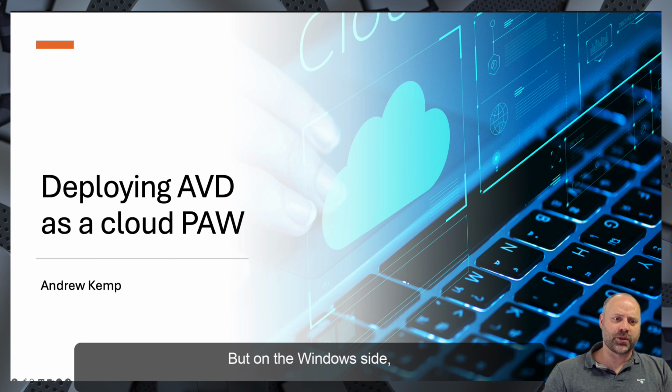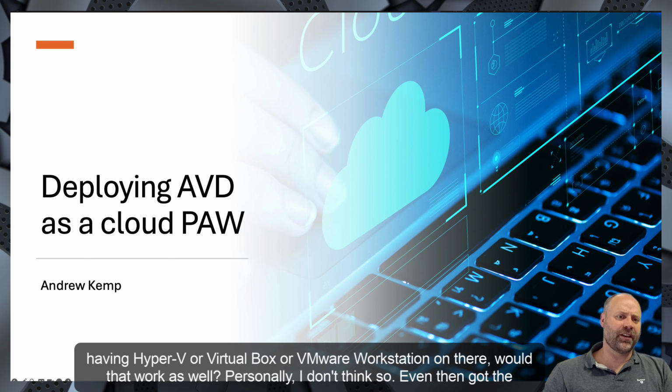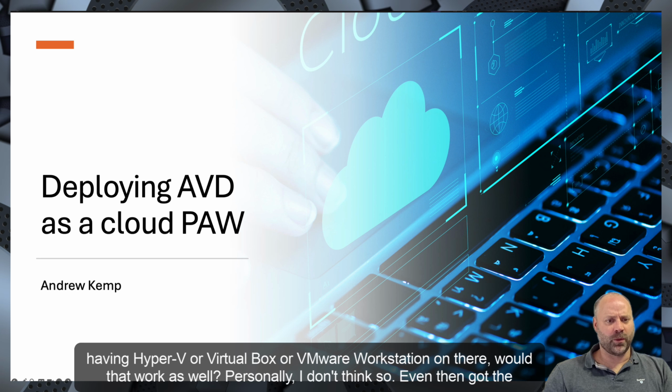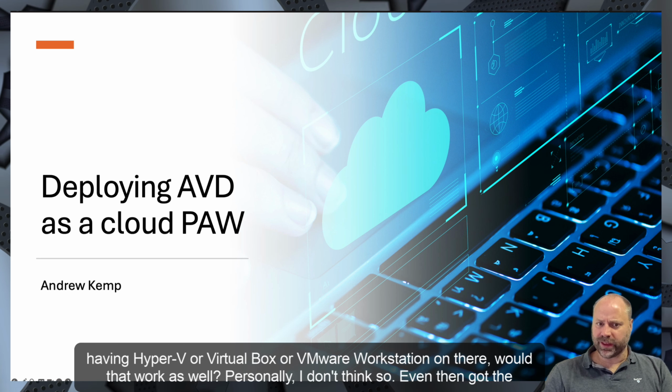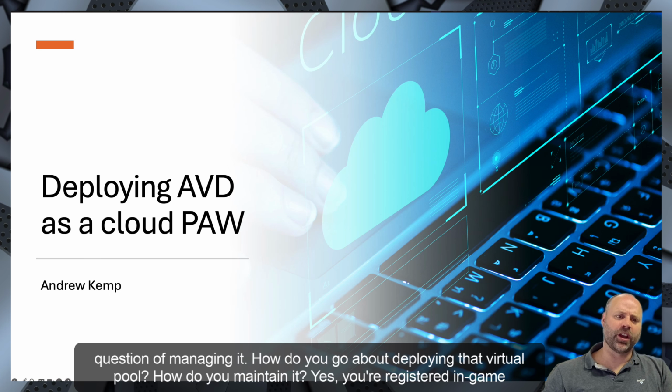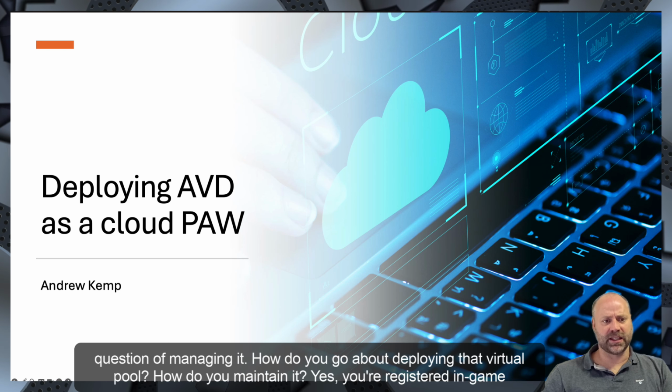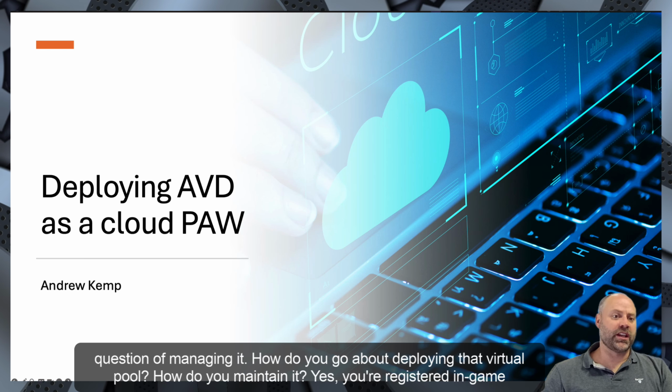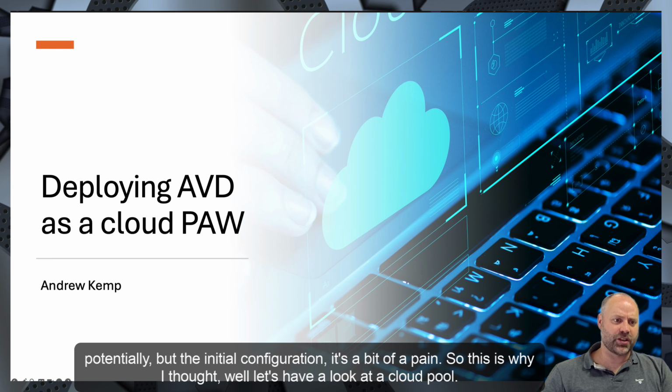But on the Windows side, having Hyper-V or VirtualBox or VMware Workstation on there, would that work as well? Personally, I don't think so. You've then got the question of managing it. How do you go about deploying that virtual PAW? How do you maintain it? Yes, you'll register it in Intune potentially, but the initial configuration, it's a bit of a pain.